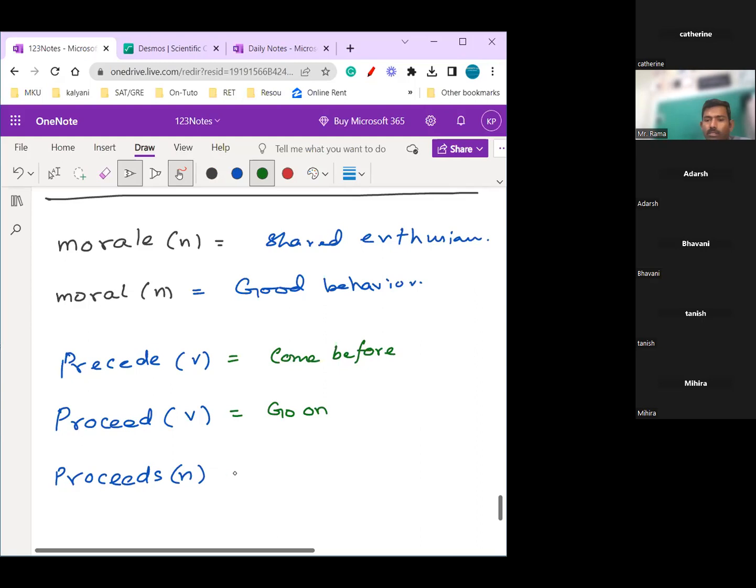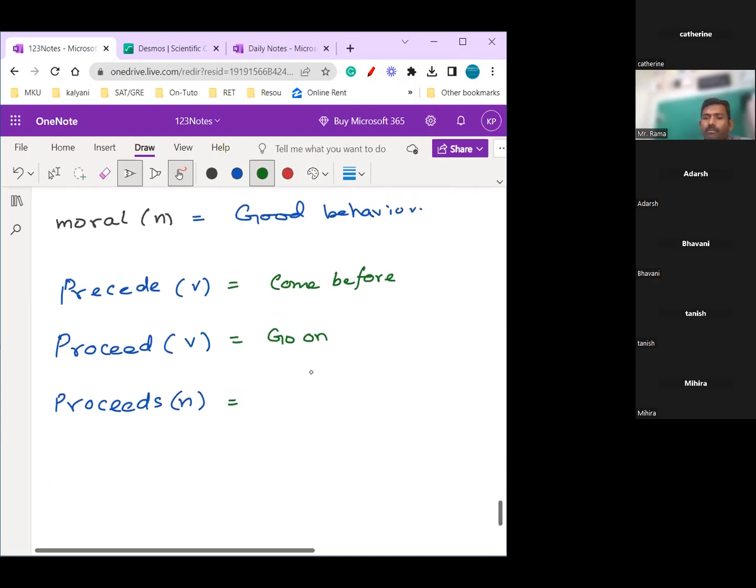And then the last one is proceeds. Okay, thank you. In case you can't hear me, please stop me, because for some reason my internet is going crazy right now. So proceeds are the funds received from a venture. For example, you did a raffle and got some money out of that.